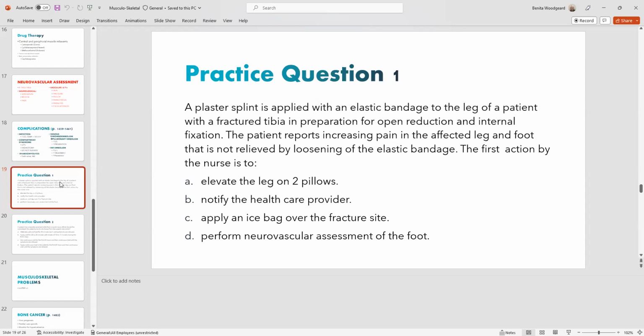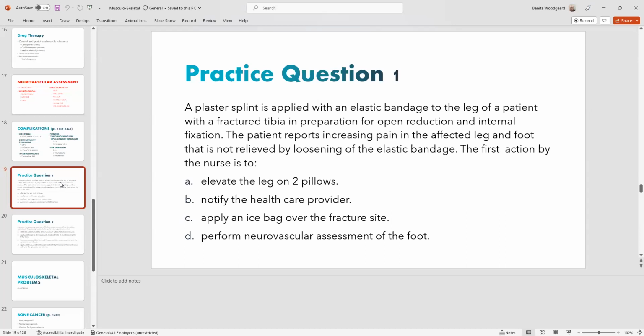Okay, the patient reports increasing pain in the affected leg and foot that is not relieved by loosening the elastic bandage. The first action of the nurse is to A, elevate the leg on 2 pillows, B, notify the healthcare provider, C, apply an ice bag over the fracture site, or D, perform a neurovascular assessment of the foot.